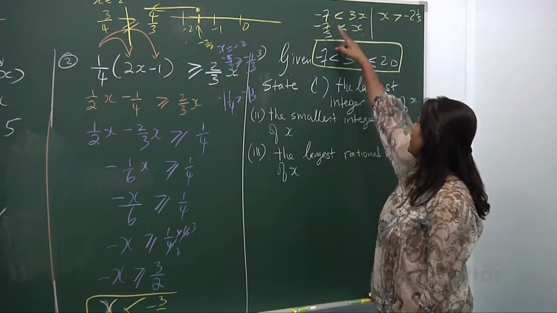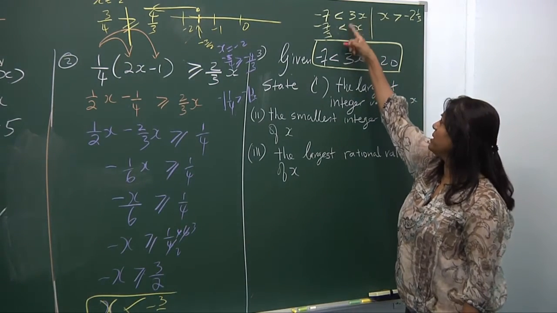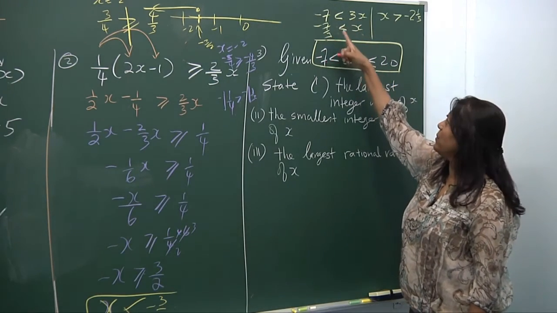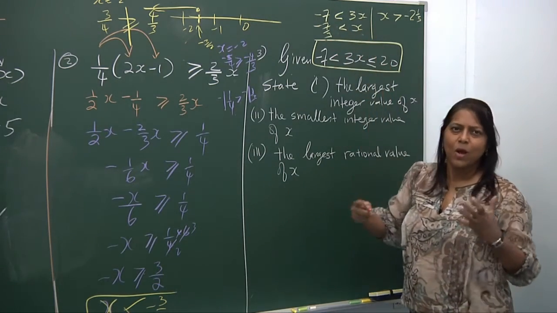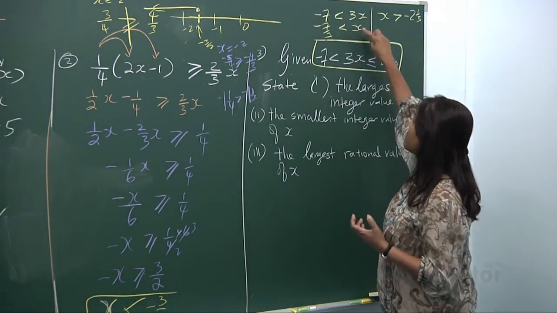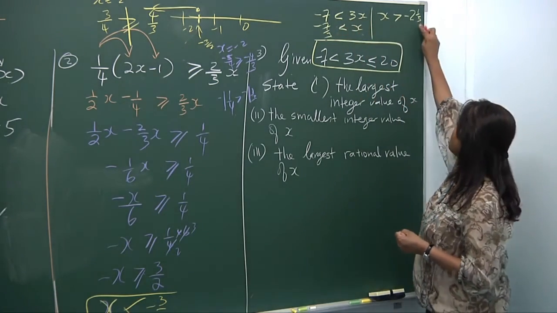So we've got here, again, minus 7 is smaller than 3x. So we divided it by 3. So we get minus 7/3 is smaller than x. This is smaller than that, that means that is bigger than this. So x is bigger than that.